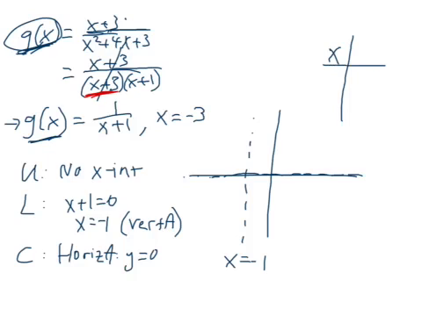Okay, usually I say something near the asymptotes. How about 0? 0 would be 1. How about 1? 1 would be 1/2. 2 would be 1/3, so on. So 0 is at 1. 1 is at 1/2. 2 is at 1/3.